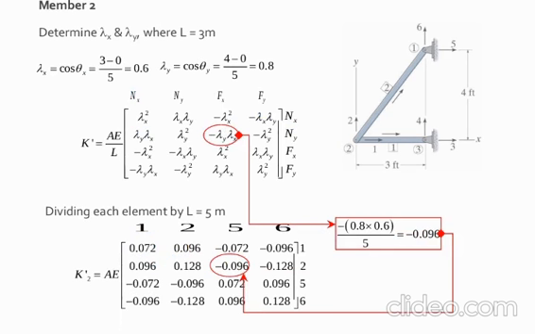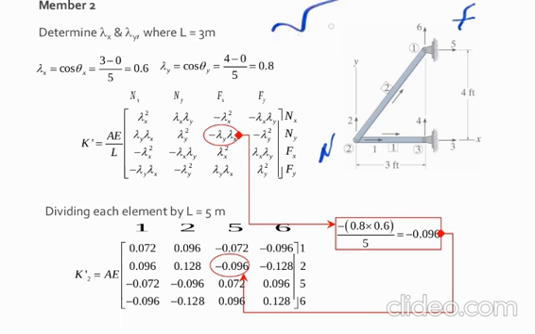Now with member number 2, lambda x is equal to x far minus x near divided by L. The x far is 3, as you see here in the figure, and the x near is 0, because this is the near point and this is the far point, divided by 5. 5 is the length of member number 2.